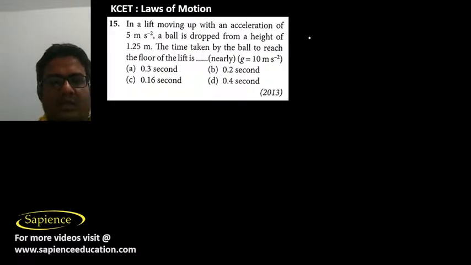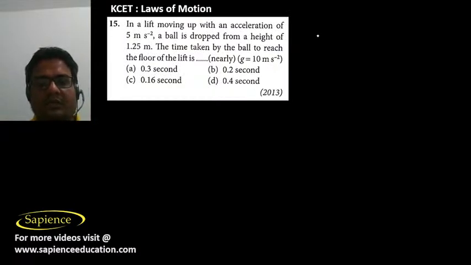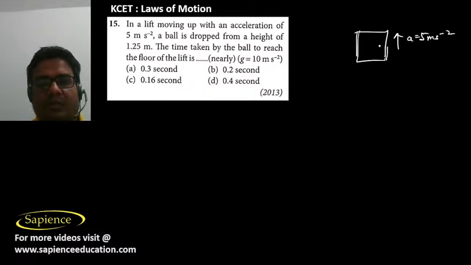Then it is told that a lift is moving upwards with an acceleration of 5 meter per second square, and a ball is dropped from a height of 1.25 meters. We need the time taken by the ball to reach the floor of the lift.